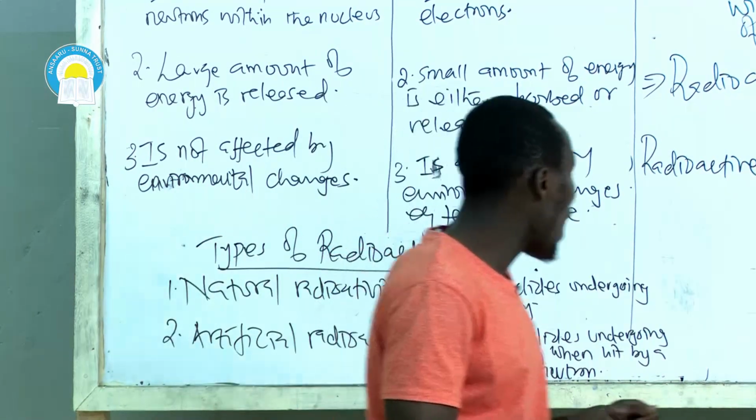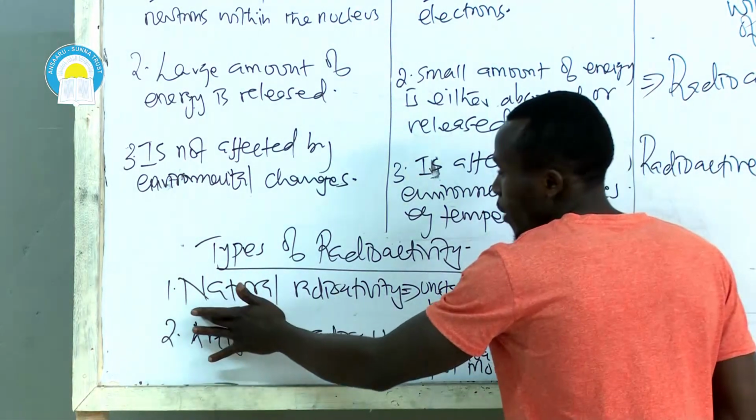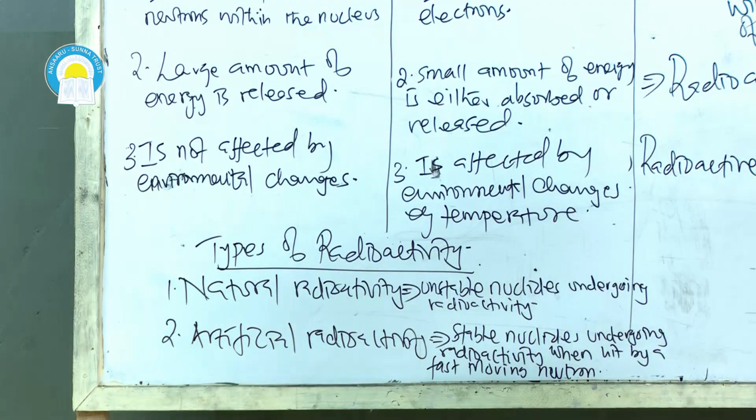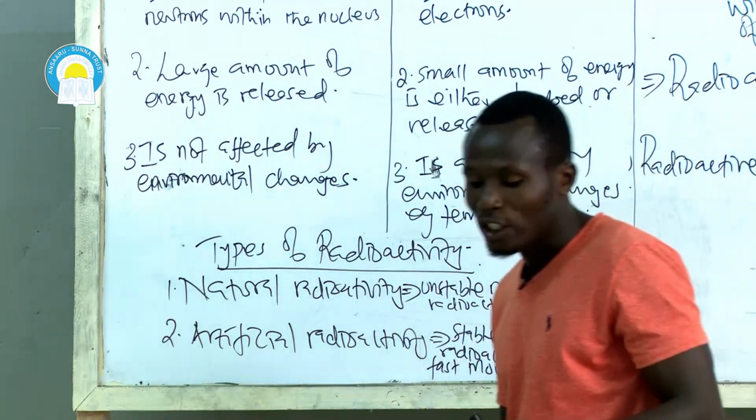So that is what we are going to have as the two types of radioactivity. The first one we have said is the natural radioactivity, and the second one is artificial radioactivity.